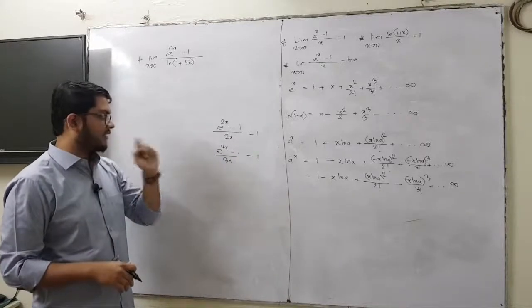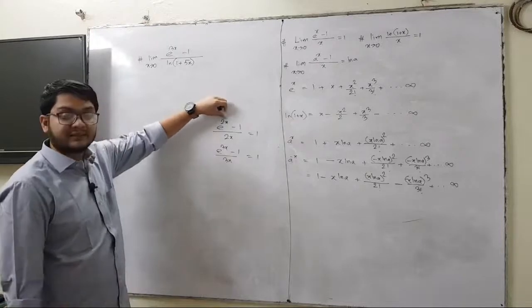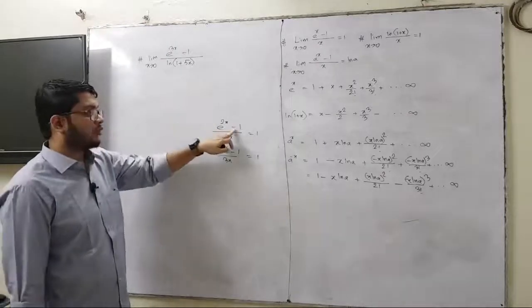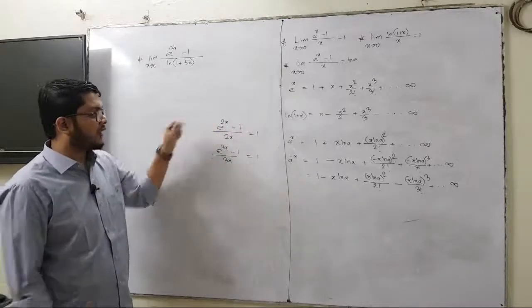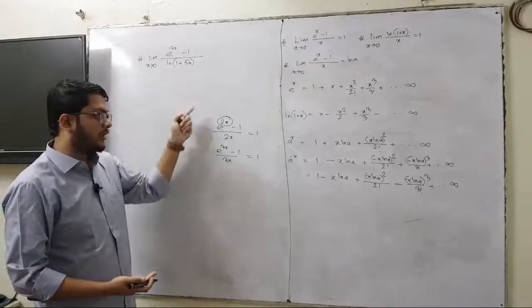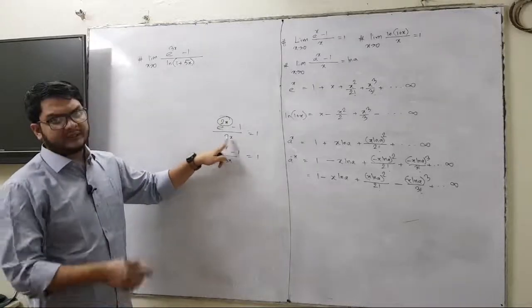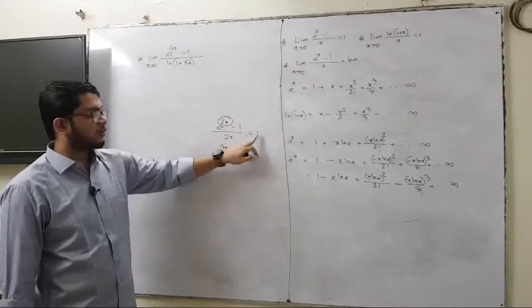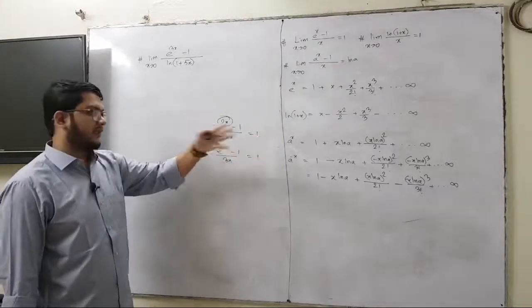What happens here is that in e to the power 2x, you have a 1 at the very beginning, and this 1 and negative 1 cancel out. So all the remaining terms will contain 2x. You will take 2x as common in the numerator, and in the denominator you have 2x. So 2x cancels out, and you have 1 at the end.